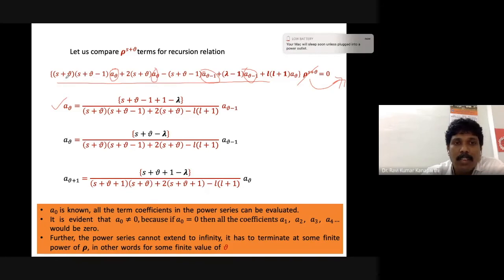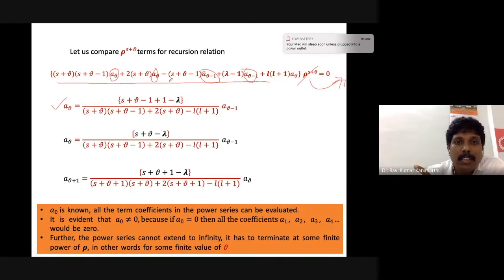Here s plus nu multiplied by s plus nu minus 1. Is there any other term here? There is a 2 into s plus nu, right? And is there any other term here? L into L plus 1. So these are all things you can keep on one side, and the other factors you can take to the other side.